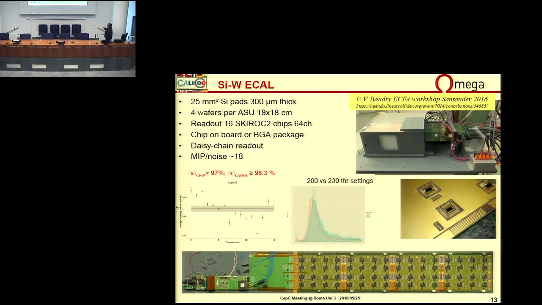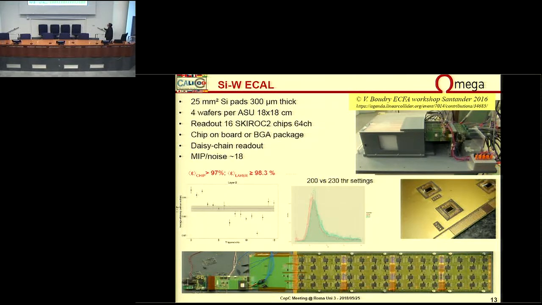So, one slide that I've taken from Vincent's talk concerning the detector itself. The measured signal-to-noise ratio in beam was 18 for the charge measurement.